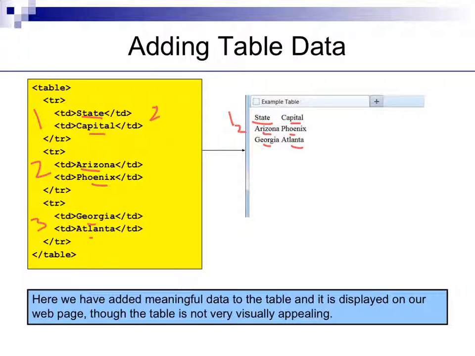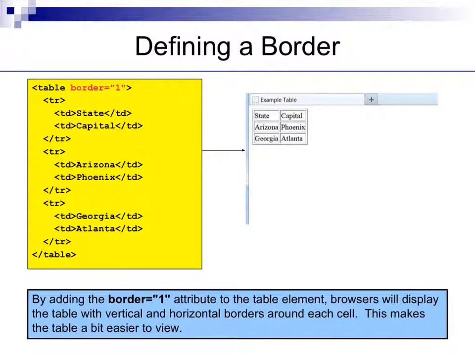using some other things. So, the first thing we can do is add in a border. All right. Now, before I get into this, let me give you a little warning here. Using this border attribute is not industry standard. What I mean by that is it's not acceptable to put the border attribute and create a border this way.